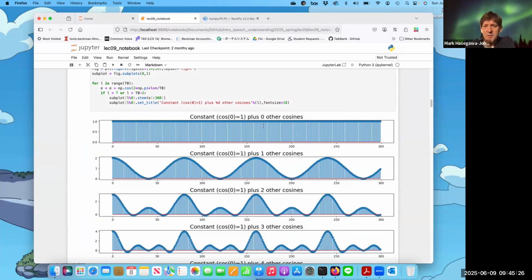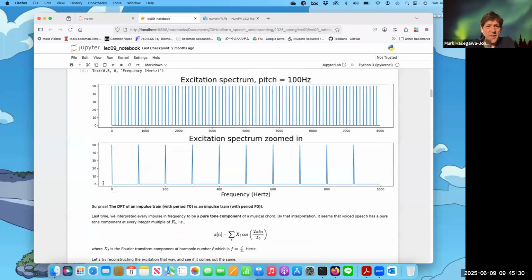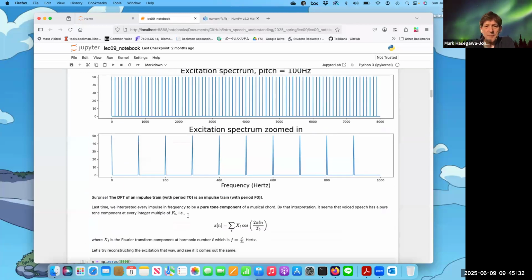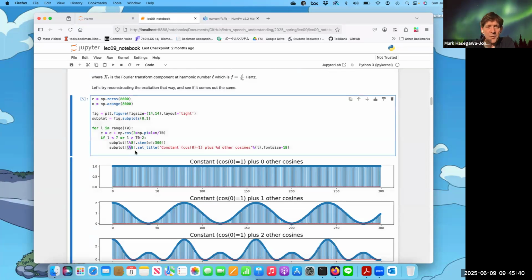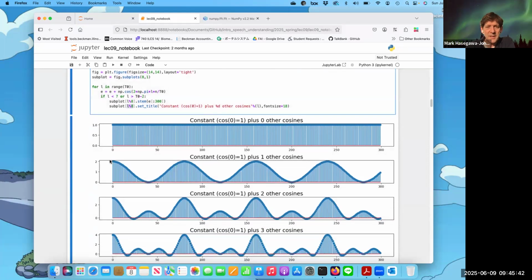So when I add in the cosine of 0, this is if I just take the inverse Fourier transform of this 0 hertz component, the cosine of 0 is always 1. Now the second component, the second subplot, I add that in. I've got the 0 hertz component, which is just a 1 everywhere. And I add into that a cosine that has a frequency of 100 hertz.